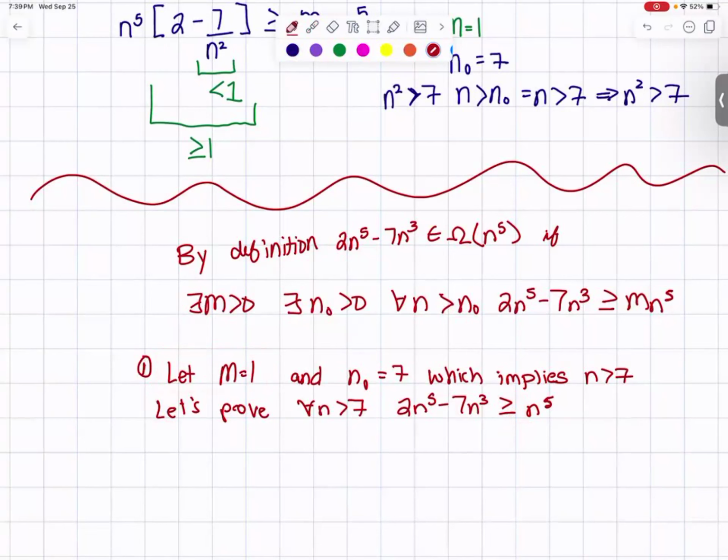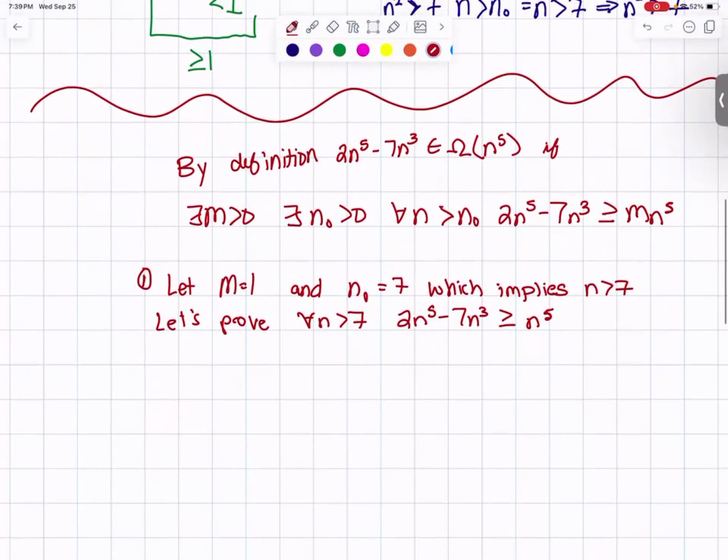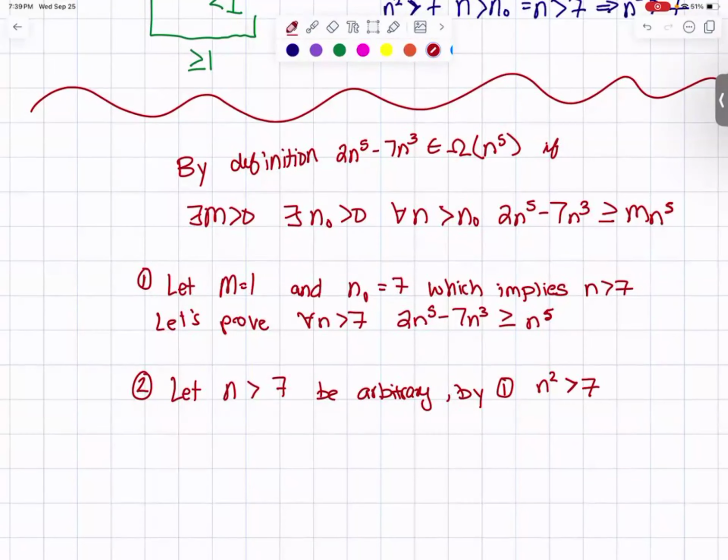So, let's say we're going to let n be arbitrary. Let n greater than 7 be arbitrary. And by that, we can see that n squared is also going to be greater than 7 then. And this implies that 7 over n squared will definitely be less than 1.